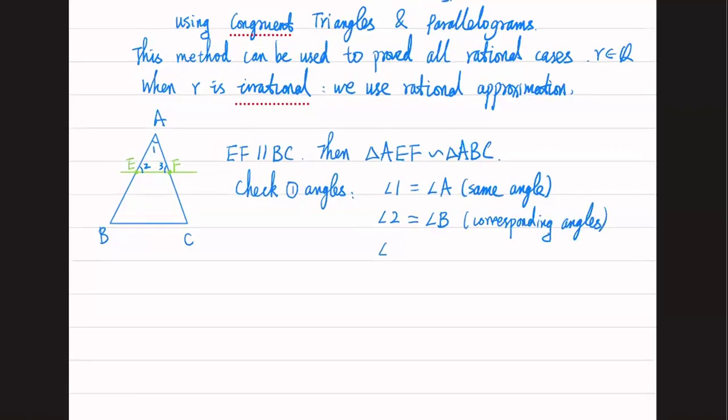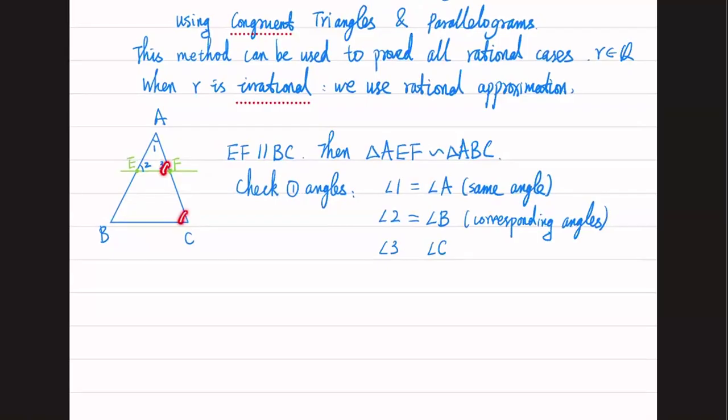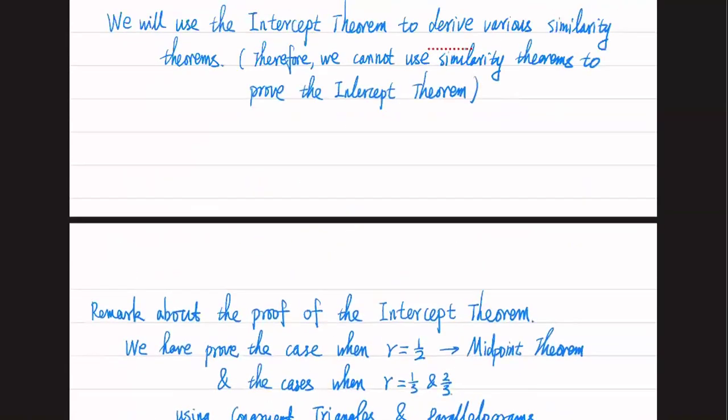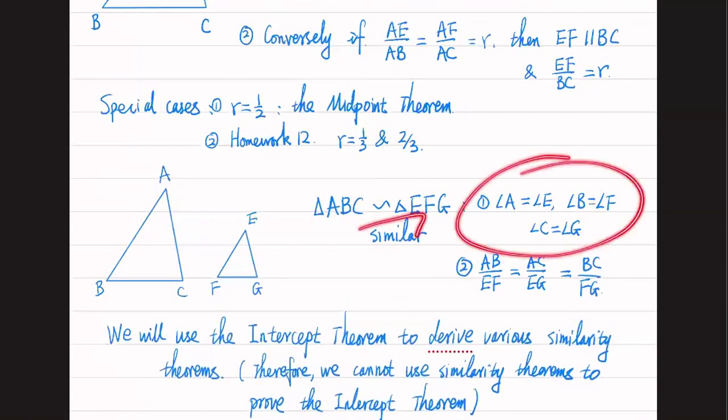Now angle 3 and angle C. Aaron, do these two angles have the same measure? Yes, they're also corresponding angles of the same pair of lines. So now we have checked the angle condition for similar triangles.